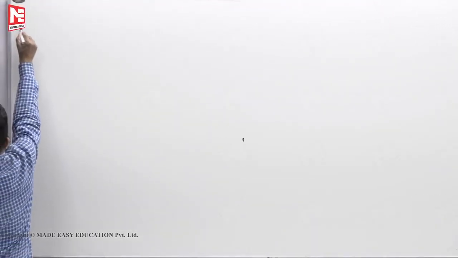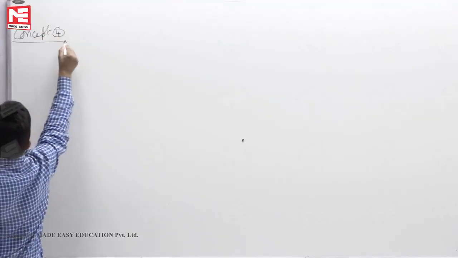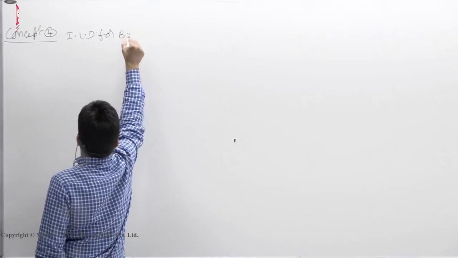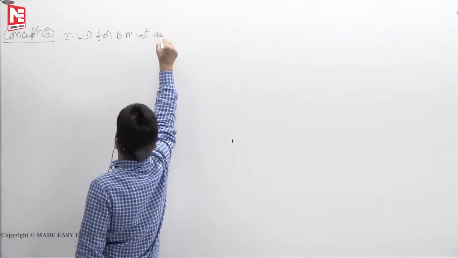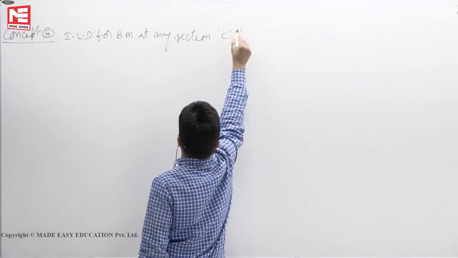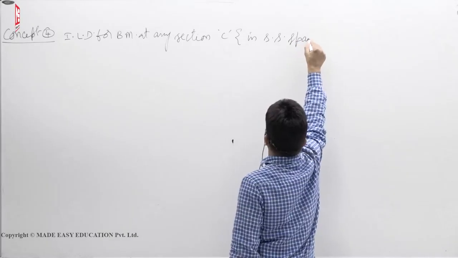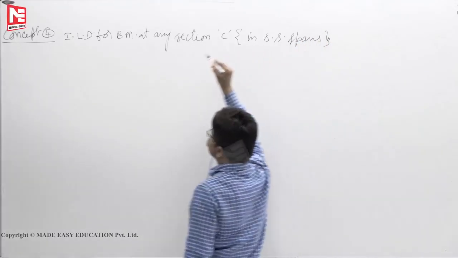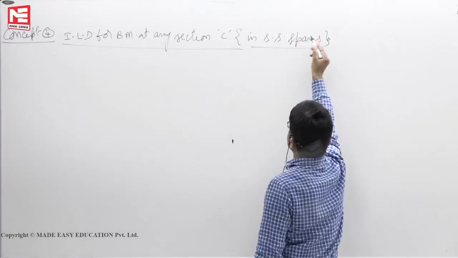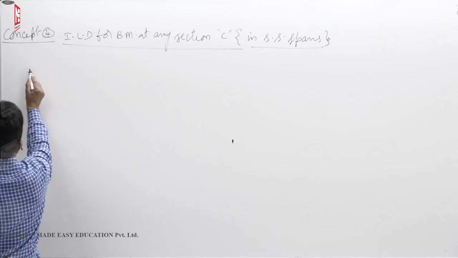Now let us see concept 4. ILD for bending moment at any section C. Again in simply supported spans. SS span means simply supported span. Now let us see.